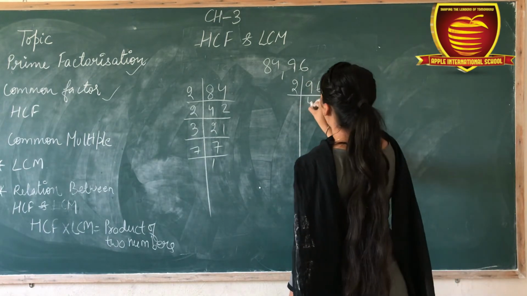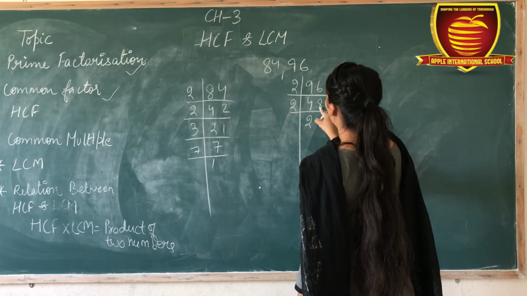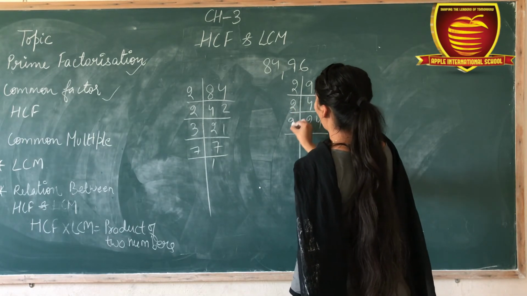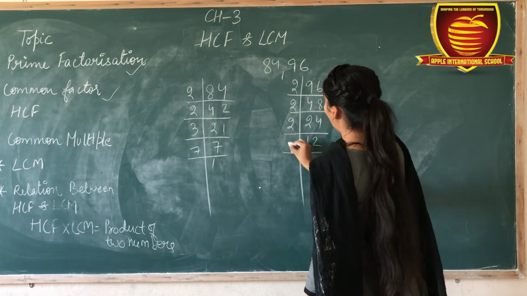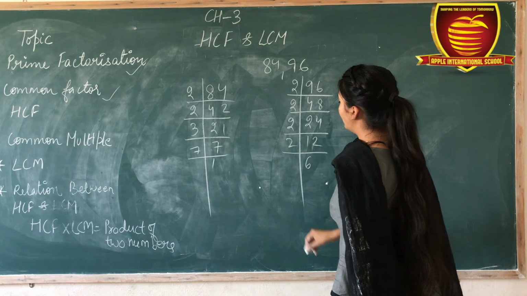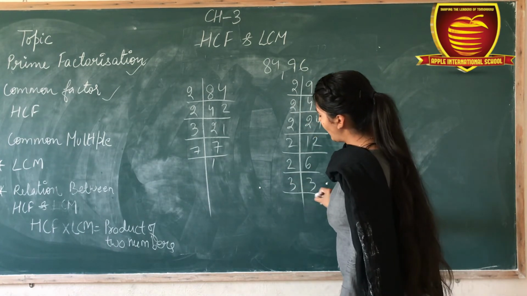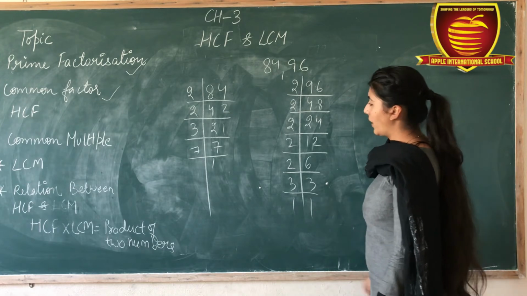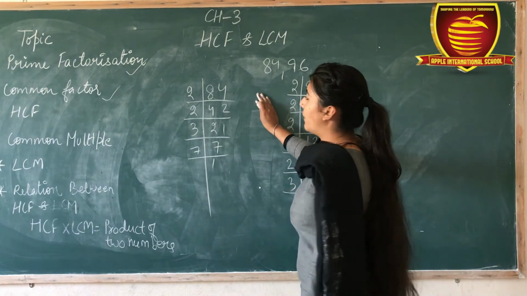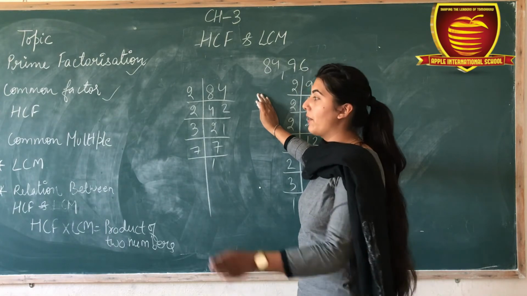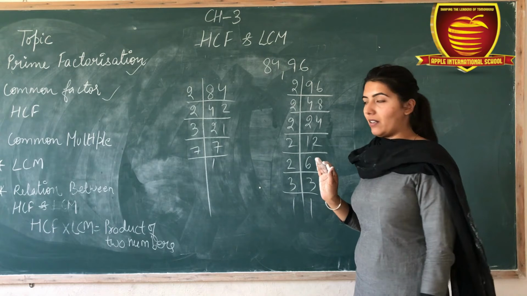Yes, 48. Next 2 2s are 4, 2 4s are 8, 2 1s are 2 and 2 2s are 4. 2 6s are 12, 2 3s are 6 and 3 1s are 3. You already knew this. This is the first step of finding the LCM, which we have done by prime factorization.